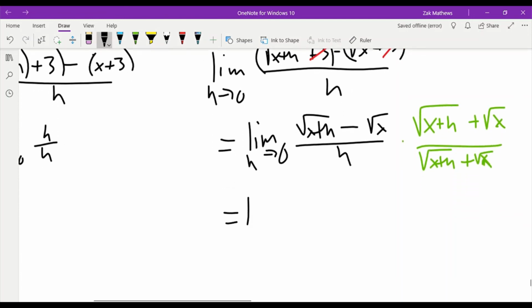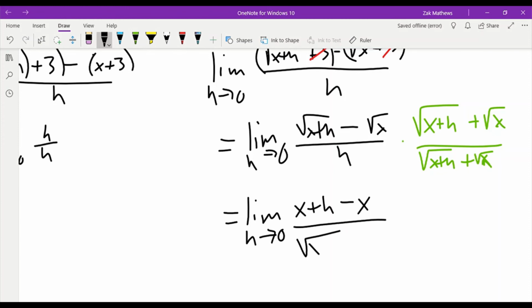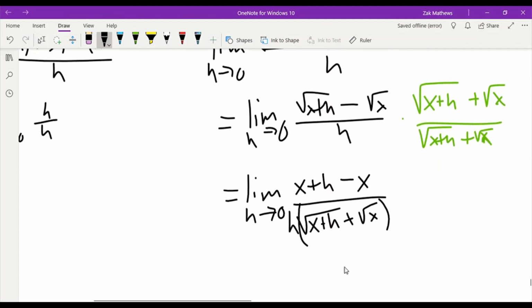So we will have the limit as h goes to 0 of x plus h times x plus h is x plus h when we drop those square roots. Square root of x times square root of x gives us minus x over. Now we have the h down there, we have the x plus h, and the plus square root of x. The square roots do need to be in parentheses because the h would have to be distributed to each of those terms.